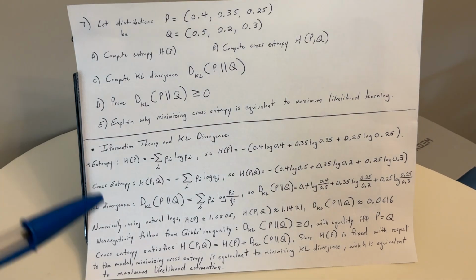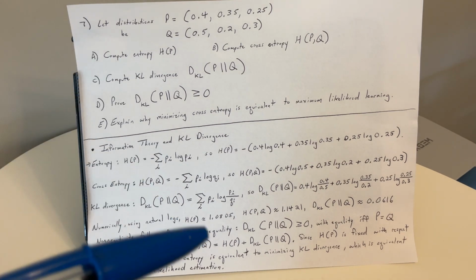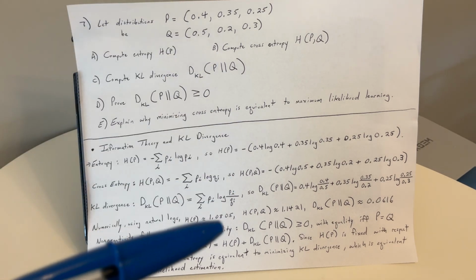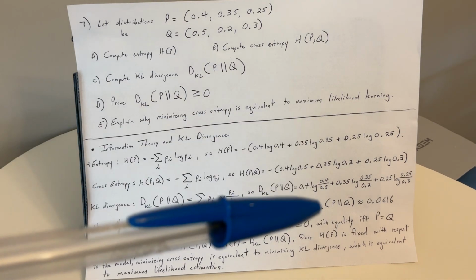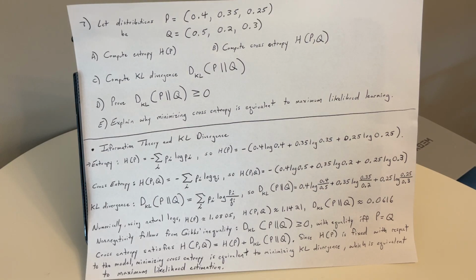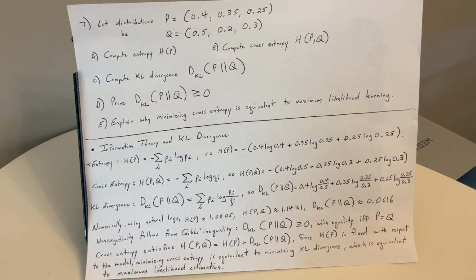So numerically, using natural logs, for this entropy we get 1.0805, and for the cross entropy 1.14121, and then for the Kullback-Leibler we're going to wind up with about 0.0616. It could come out to 0.061 depending on how you round earlier.